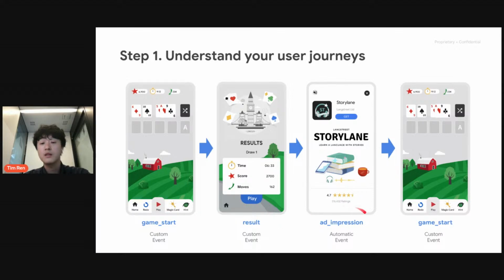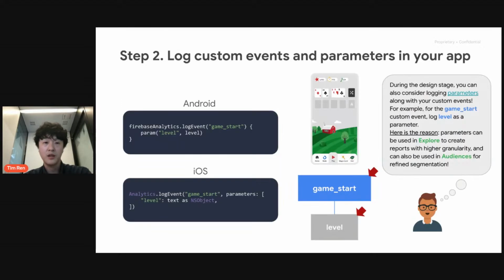The interesting thing is when you put in a Firebase SDK, it automatically collects a set of data, and ad impression is one of them. But we want to work on this a little bit more. We'll talk about that later, how to get that data properly. And the last one is, again, when a user starts playing a game, you get a game start event as well. So now you have a basic idea of the most fundamental user journey for your game.